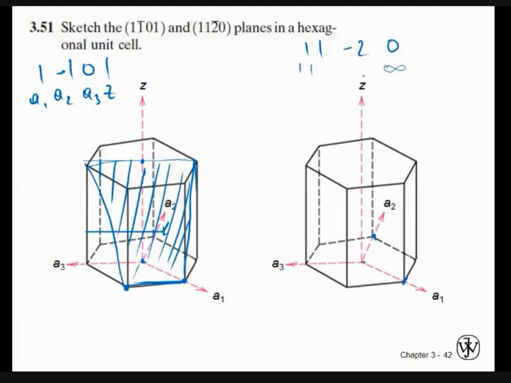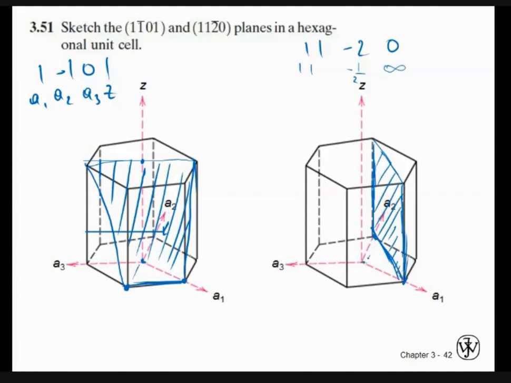So 1, 1, and infinity, and this will be -half over here. So I will connect A1 and A2. Then I should extend this line so that the plane would be parallel to the Z axis. So I will extend it parallel to that. Extend it. And connect this dot also to that. So that's our plane.